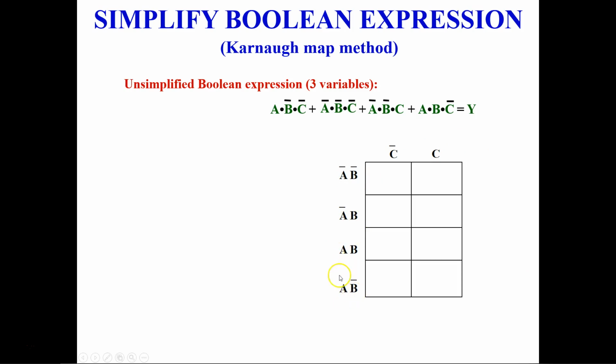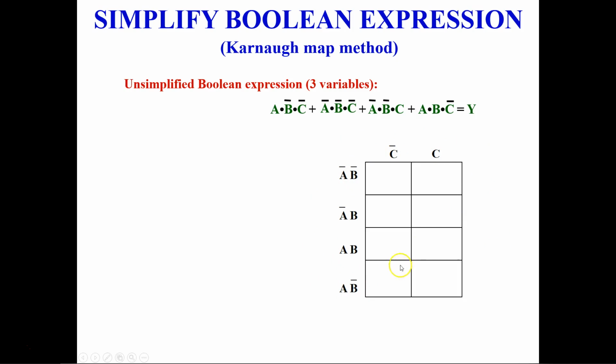And then here C bar and C. Right now we are not going into the science of how this has been placed and why these belong to a particular cell. For now, just understand this is the way it is supposed to be done. So for 3 variables, the K-map should look like this.